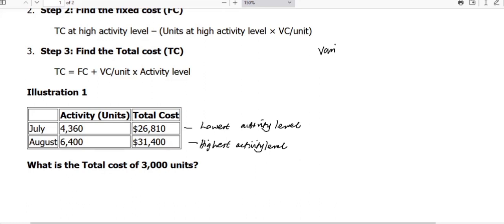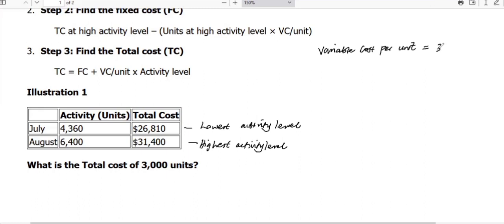We have to compute the variable cost per unit. How do we compute the variable cost per unit? We need to get the change in total costs over the change in the units.